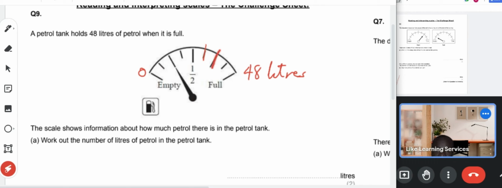How many divisions? 1, 2, 3, 4, 5, 6, 7, 8. 8 divisions for the full 48 liters, because it's 48 liters when full. So what do you think should be the value of here where the pointer is?